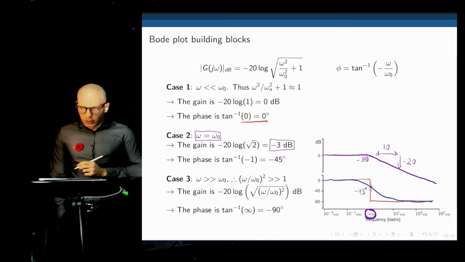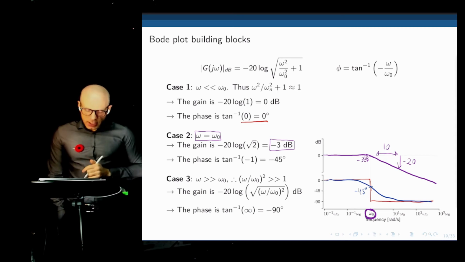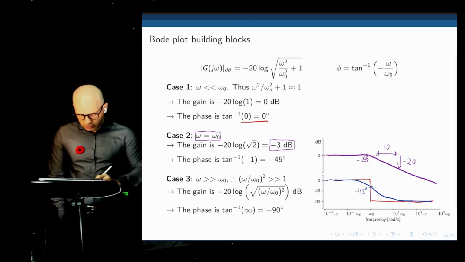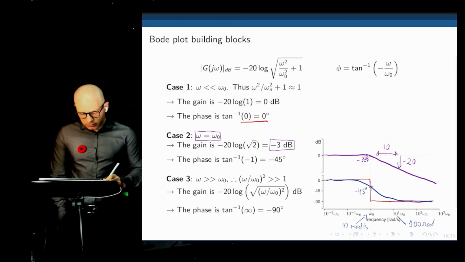Okay. So let's assume, for example, that in this case, the cutoff frequency was 10 radians per second. What would be the magnitude of the transfer function at 100 radians per second?